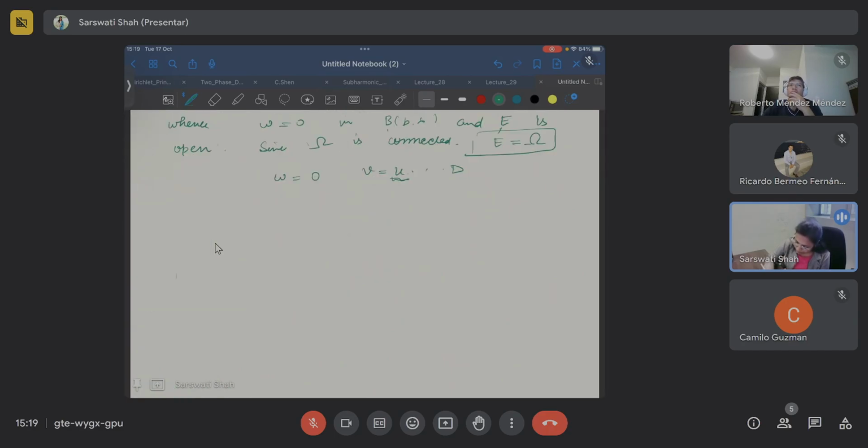Suppose we have given the property either V is strictly less than U or V equals U. Then we have to prove that V is less than or equal to U on D, and V is less than or equal to U on the boundary of D.